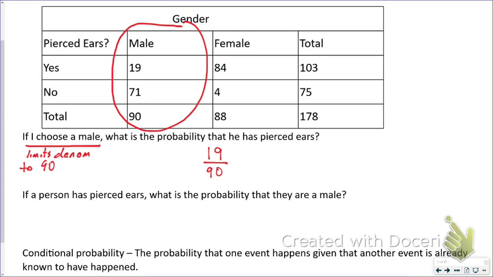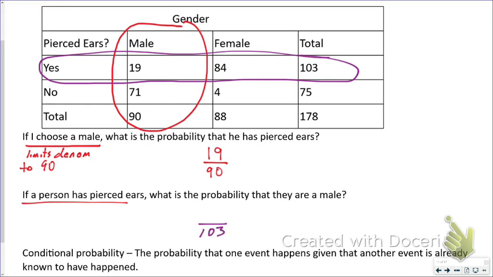So let's try it again. If we're looking at someone with pierced ears, how many have pierced ears? Looks like 103 people have pierced ears. So just look at the purple circle. So I'm looking at the purple people there, 103.